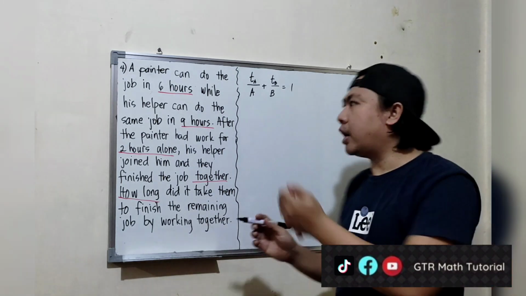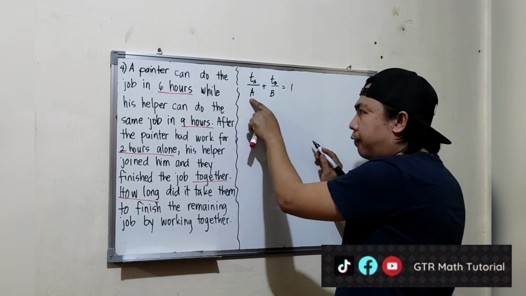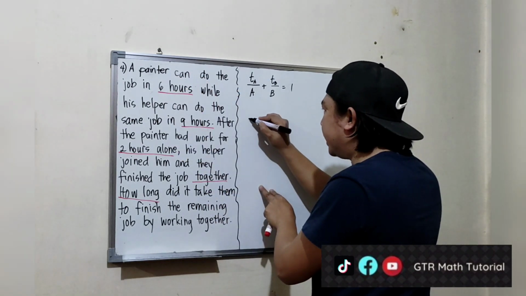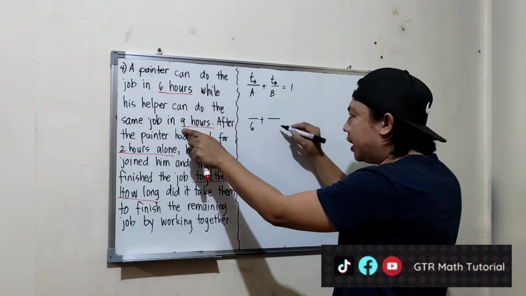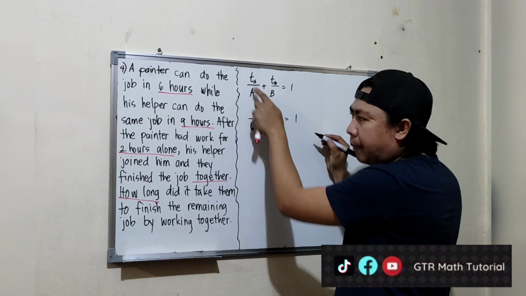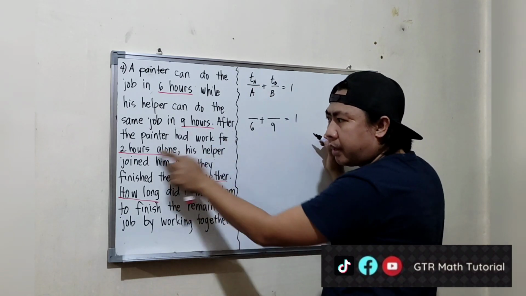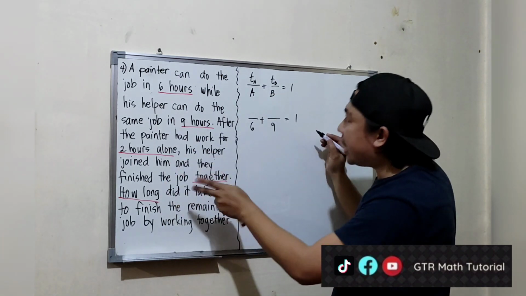So let's substitute all the given. So the rate of A is the painter, so the rate is 6 plus the rate of the helper is 9 hours, so equals 1. So time spent by the painter, so naunang magtrabaho si painter ng 2 hours. Tapos, yung time nila together, hindi natin alam.